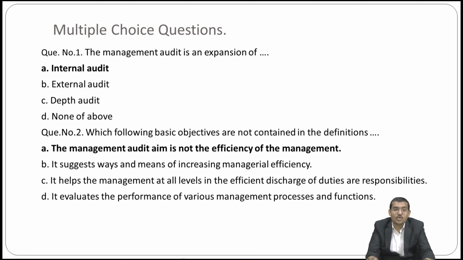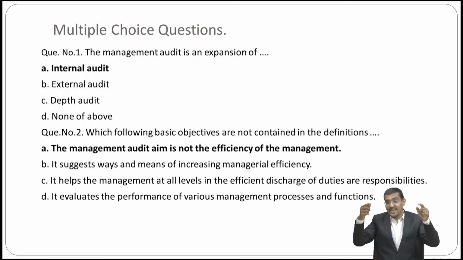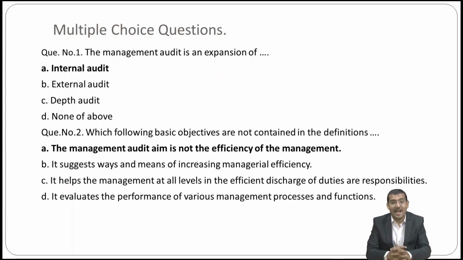Second multiple choice question is which of the following basic objectives is not contained in the definition. That means you have to evaluate each definition in an appropriate manner. The management audit's aim is not the efficiency of the manager. Then it suggests the ways and means of increasing managerial efficiency, absolutely right.